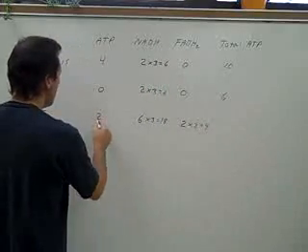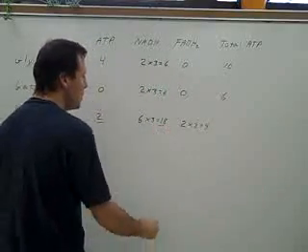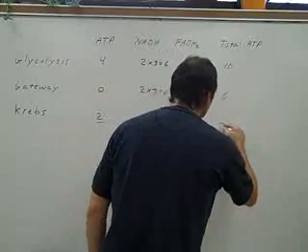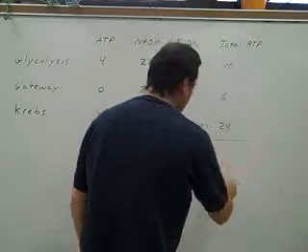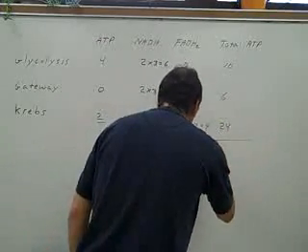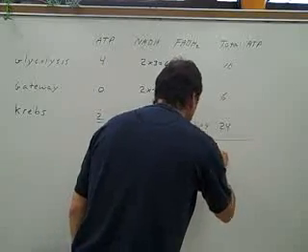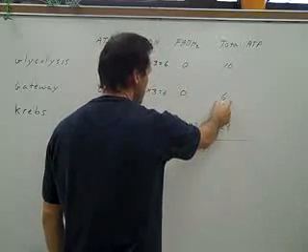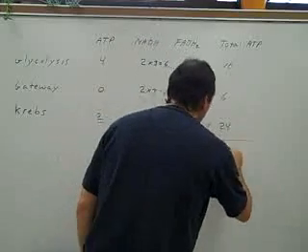So let's add up our numbers. 2 plus 18 is 20, plus 4 more is 24. Let's add these all up and call it our gross ATP. So 24 plus 6 is 30, plus 10 more is 40.